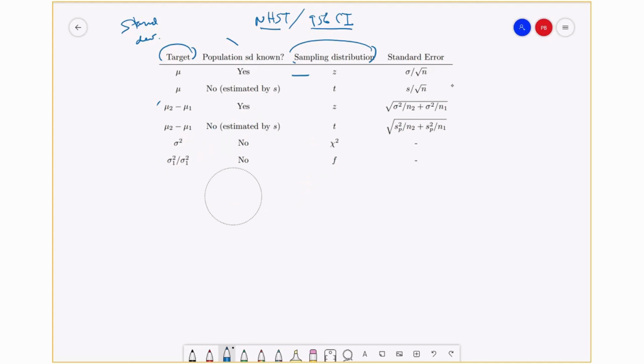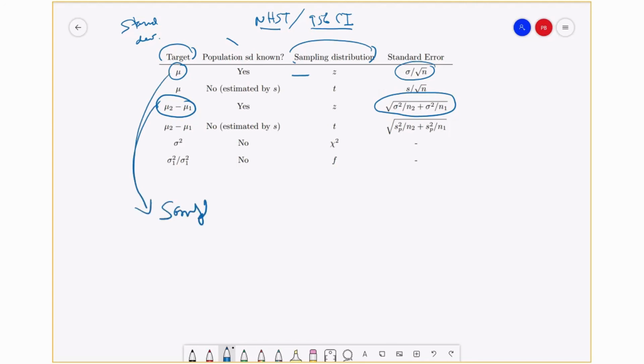Let's think first about this guy and this guy. If the underlying populations are normal in either of these two situations, then the sampling distribution here is also going to be normal. Because it's normal, it's going to have a parameter of its own, standard deviation, and the standard deviation of a normally distributed sampling distribution is referred to as standard error.